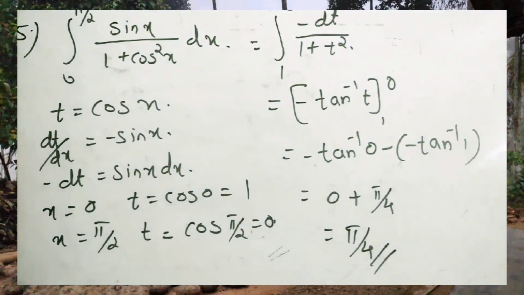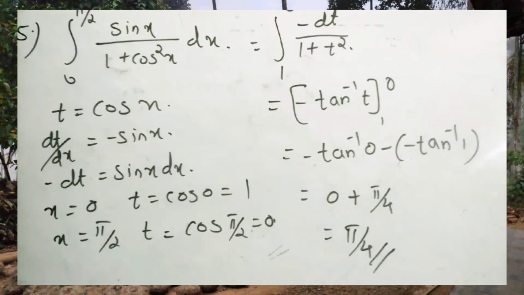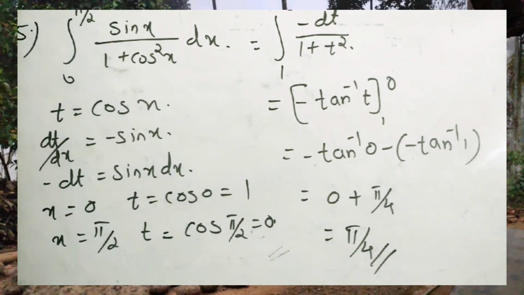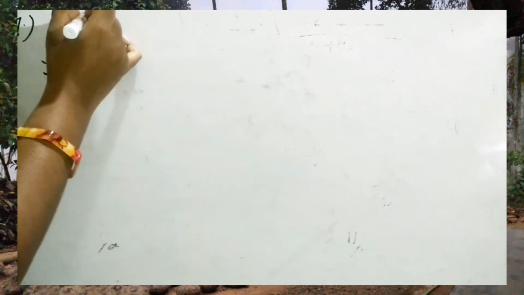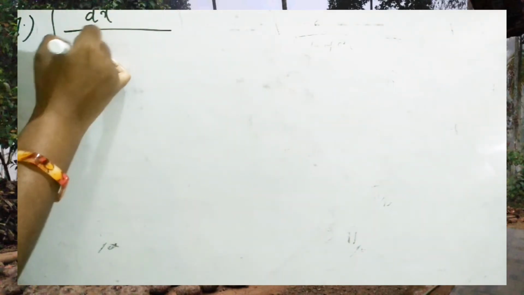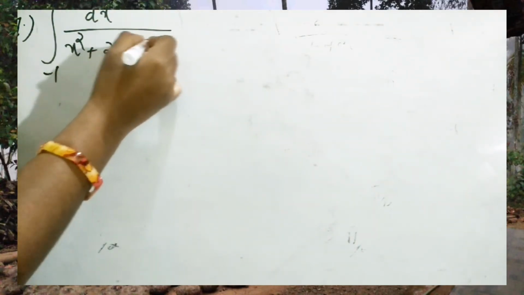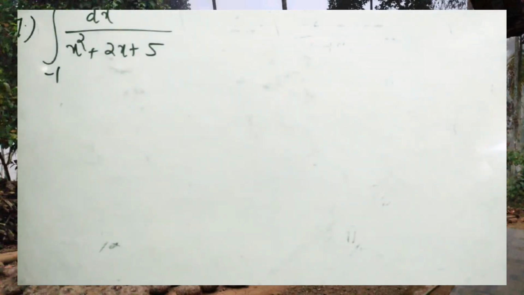Now question number 7. Integral minus 1 to 1 dx divided by x square plus 2x plus 5. Just look at the denominator. If you want to integrate that type of integrand, we need to apply the completing the square method first.